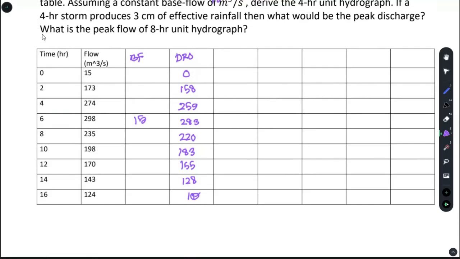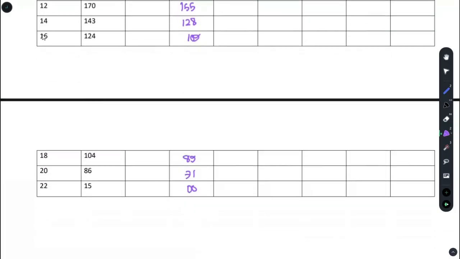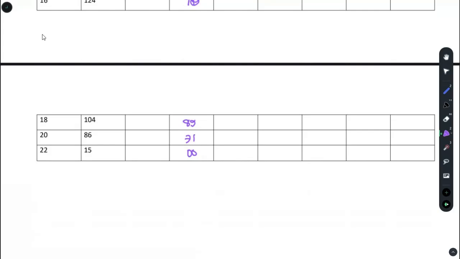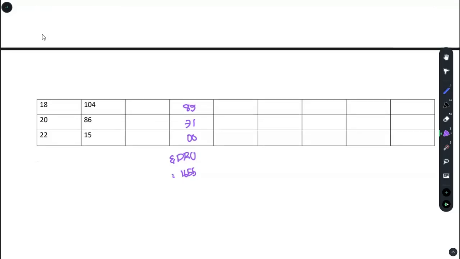From the runoff, we'll find the total runoff. We'll find the summation of direct runoff, and it will produce a value of 1655, maybe meter cube per second. Later, we'll find out the effective rainfall per unit area.